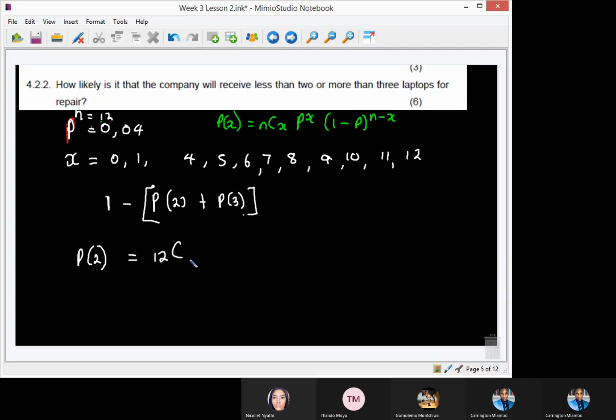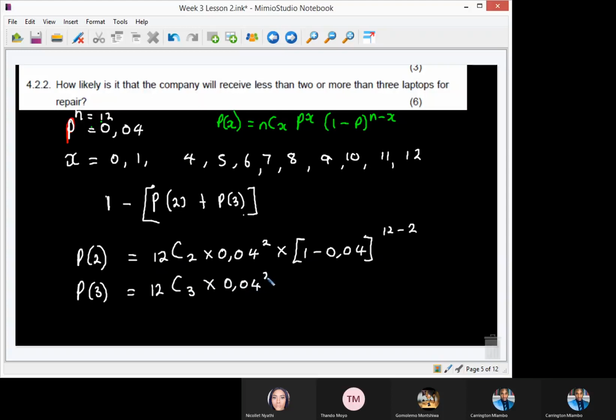It's 12C2 multiplied by 0.04 to the power 2 multiplied by 1 minus 0.04 to the power 12 minus 2. Then we do that for 3: 12C3 multiplied by 0.04 to the power 3 multiplied by 1 minus 0.04 to the power 12 minus 3. We get our answers.